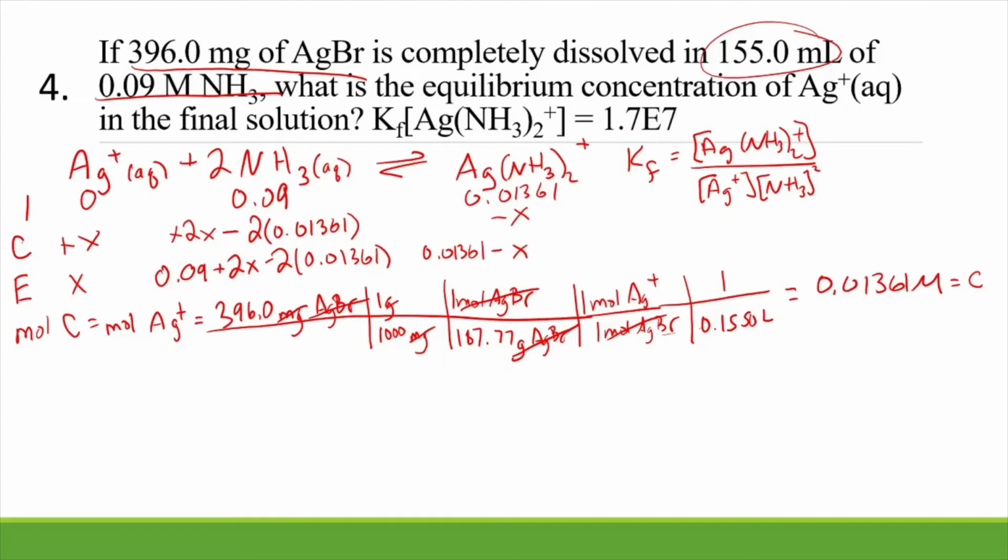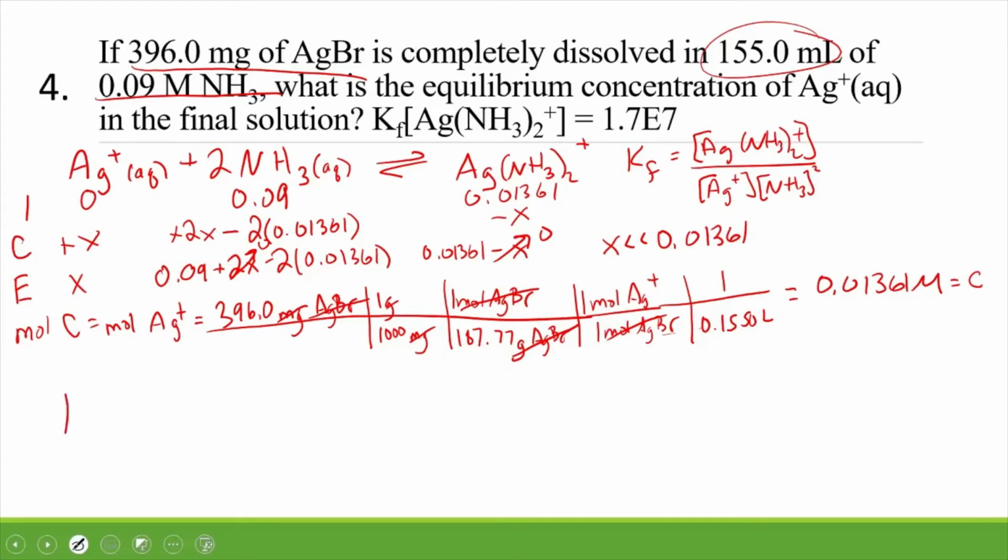One of the first things we can do also is assume that x is much, much less than 0.01361. So this goes away. And then we could also get rid of this 2x. That's also going to go away.